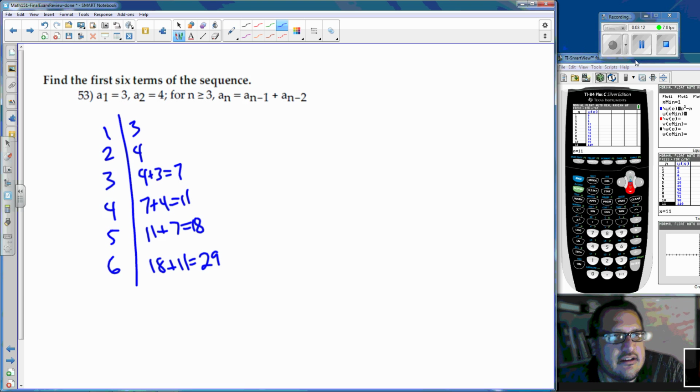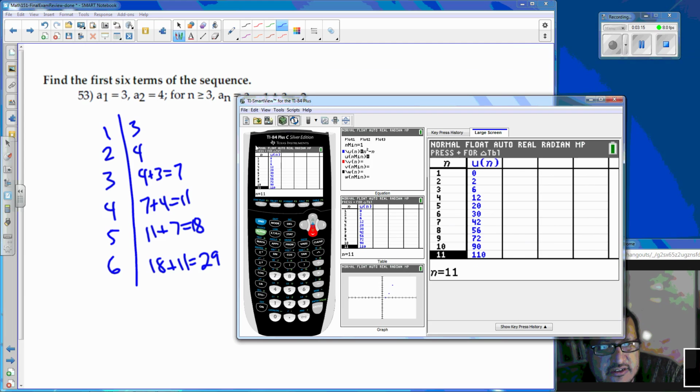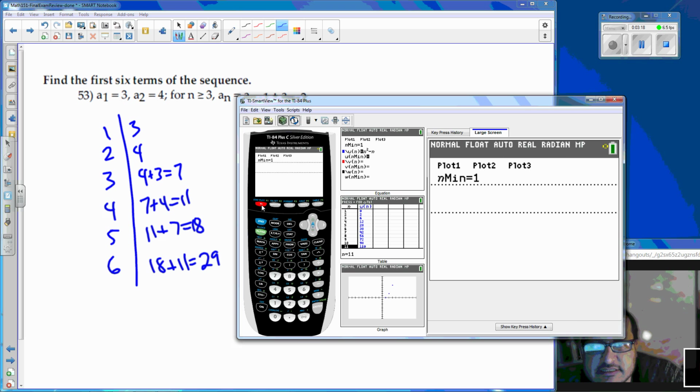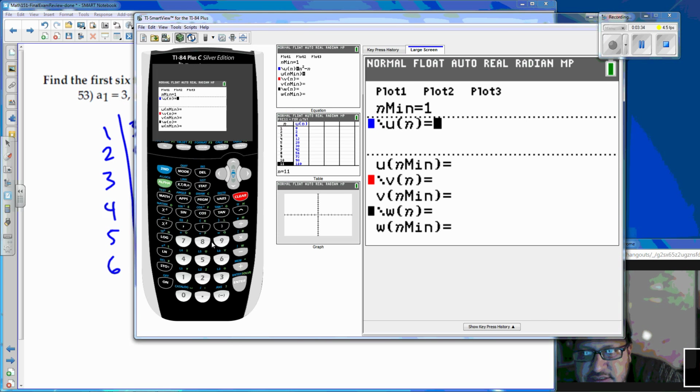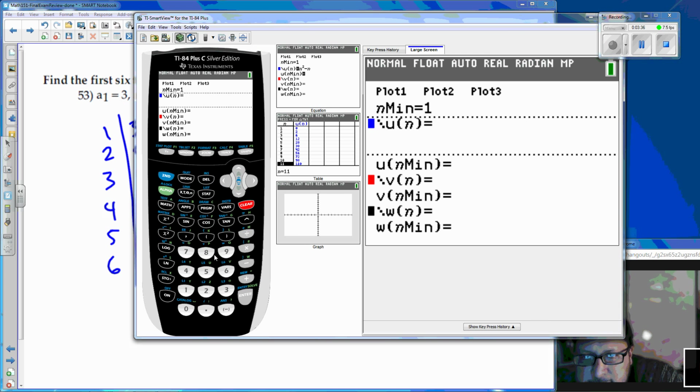Now how do we do this on our calculator? Let's see if I remember. We go to this and we delete. We're going to do u sub n equals, now there should be a little u. Let's make this bigger so I can see. U is right there. So it's second 7.